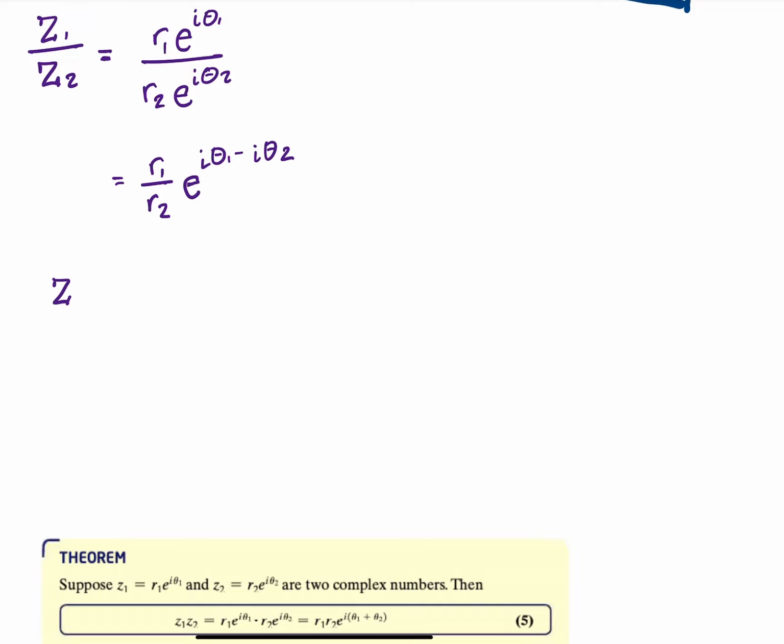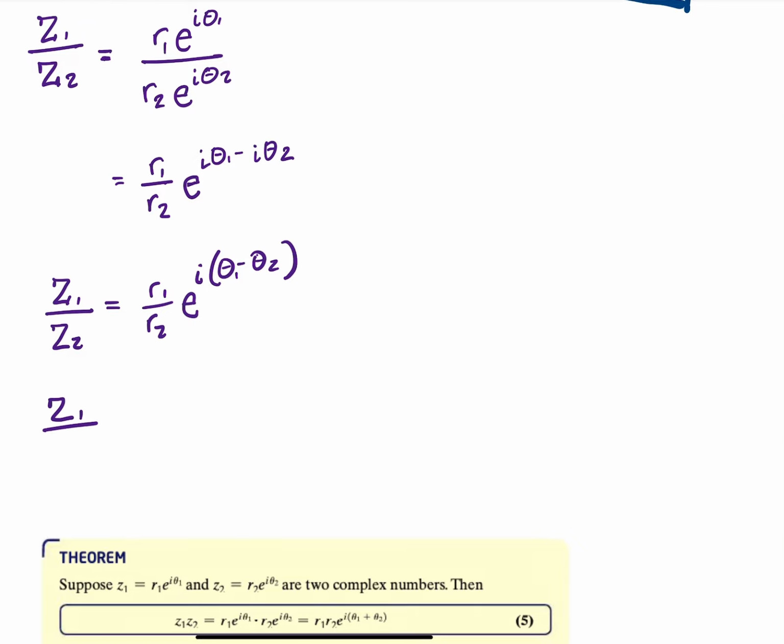So let's build our exponential form. z1 over z2 will equal r1 over r2. So we divide the r values, and then we subtract the angles. So theta 1 minus theta 2. And then we can make an equivalent polar expression.